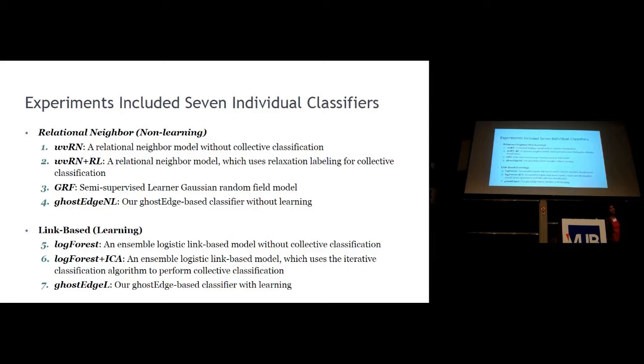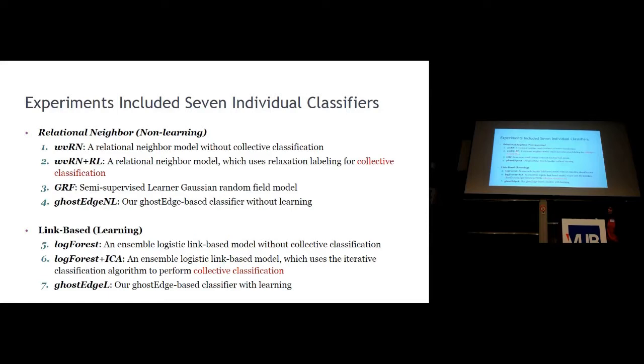So we're going to try different approaches, and the idea here is, again, would a macroscopic model do better or a microscopic model do better, basically? So we're going to try both the global approaches and the local approaches, both in terms of the non-learning and in terms of learning. And some of these have collective classification in them, so I'm going to talk about the collective classification among them.